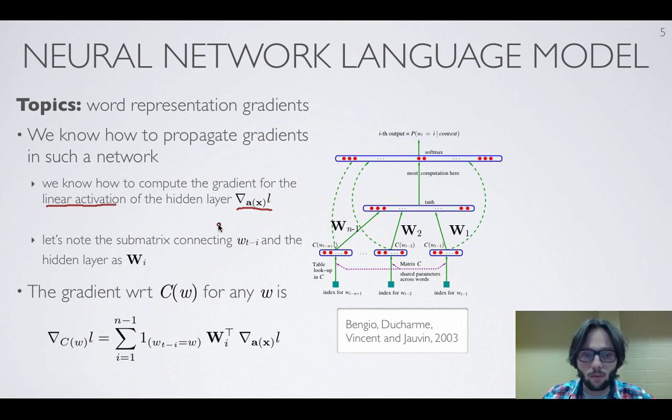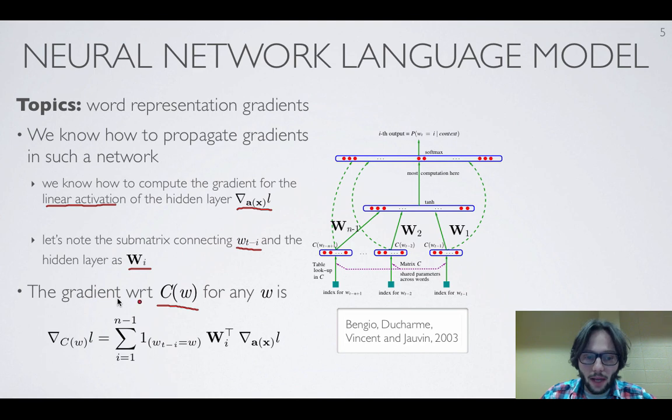Now what's next is that we have to take that gradient and backpropagate it to the word representations. Now in my notation, I'm going to note W_i, capital W_i, as the submatrix that connects the word with relative position i with respect to the word we're trying to predict, w_t. So capital W_i is the matrix connecting w_{t-i} with the hidden layer.